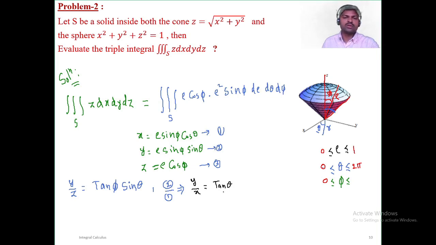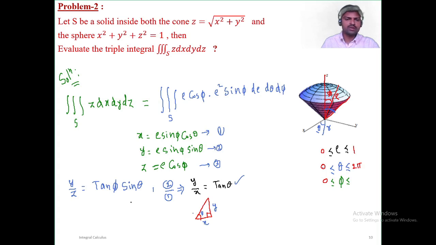First, let's look at the graph for this. Draw a right triangle. This is 90 degrees, and this angle is theta. Now what is tan theta? Tan theta means opposite side by base, so y by x. According to this equation, tan theta is y by x, so theta is here, y should be here, x should be here.